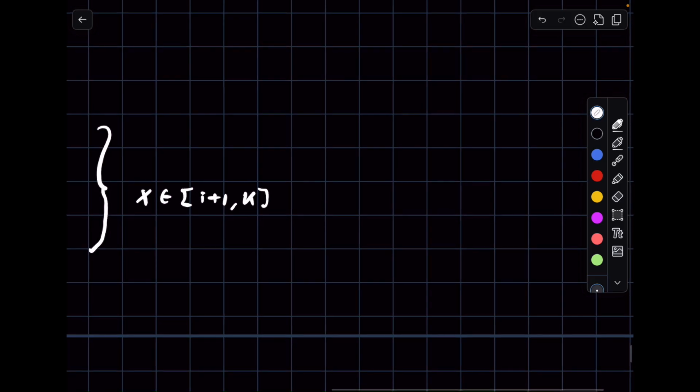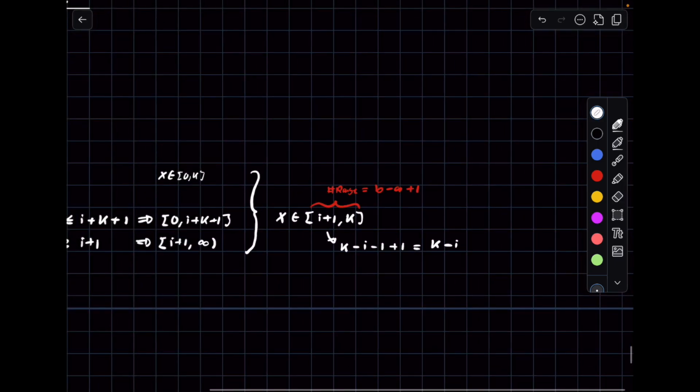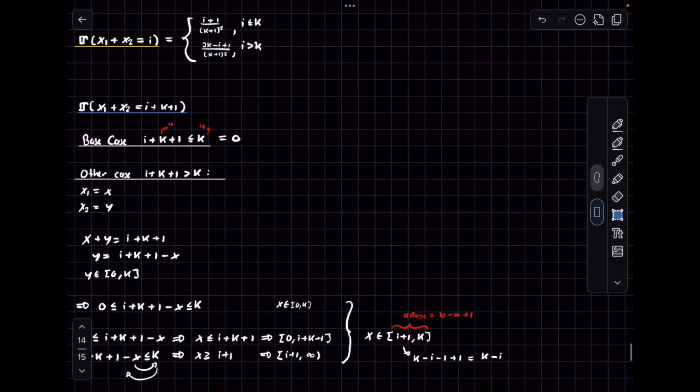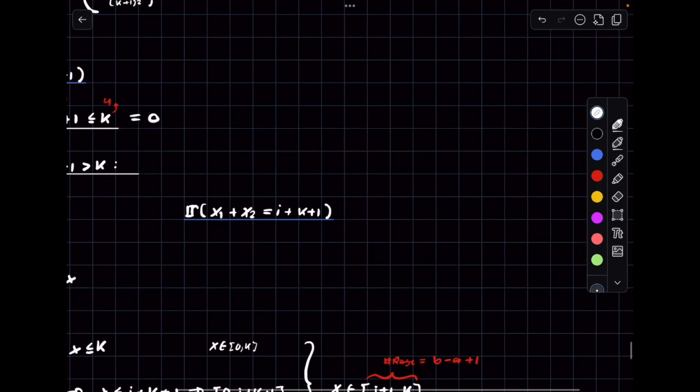We can find the number of elements of the range, remember it's b minus a plus 1. So we get k minus I minus 1 plus 1, which translates to k minus I. So at the end, we can simply state that the blue guy here is not a piecewise function.